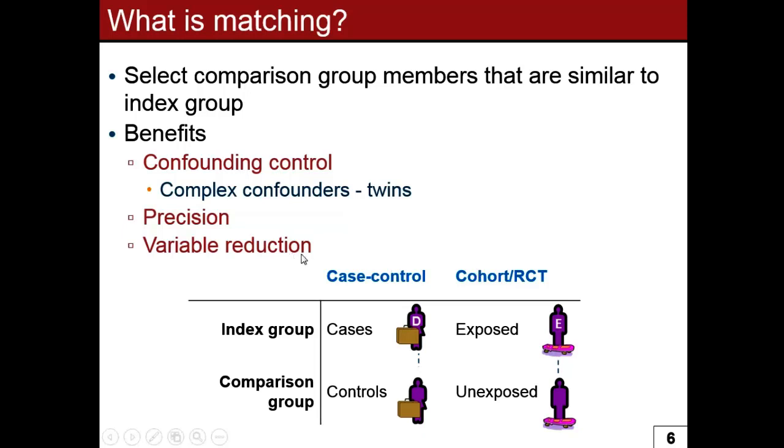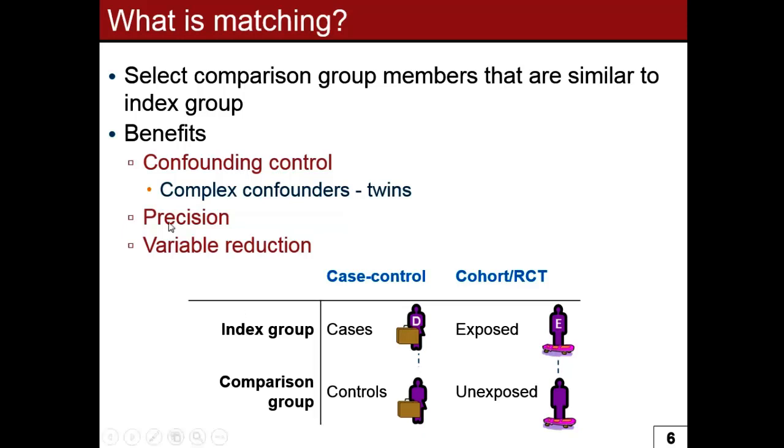The other piece is precision. By controlling for all this extraneous stuff through matching, I might get a much more precise answer than if I put the 1,000 terms that represent your household in the model. That might result in a big inflation of my confidence interval for the thing I care about.